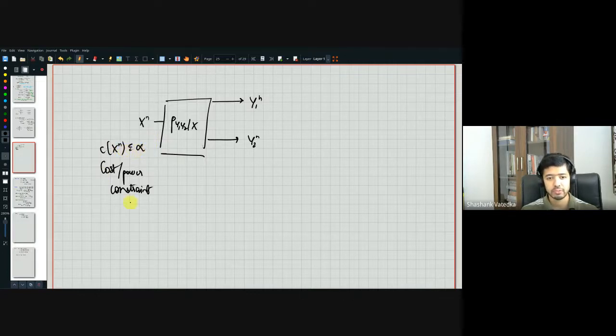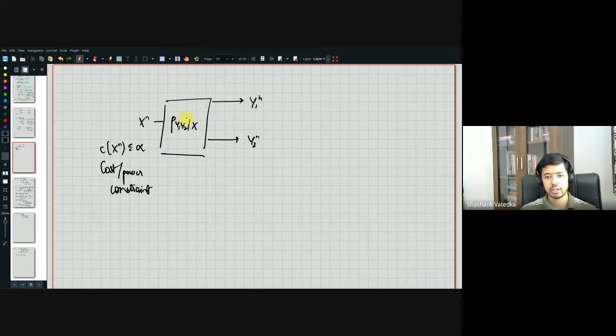The constraint is part of the system design at the transmitter, whereas the channel is the environment itself. And degradedness refers to how the environment behaves.